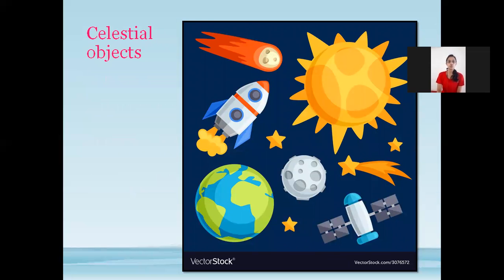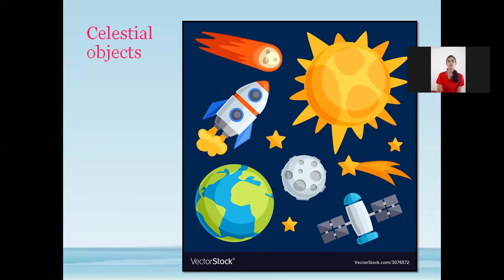In this image, other than the Earth, whatever is present outside the Earth's atmosphere is known as a celestial object. It might be a spaceship, a satellite, a planet, a star, an asteroid, a meteor, or the sun. Everything outside the Earth's atmosphere is known as celestial objects.